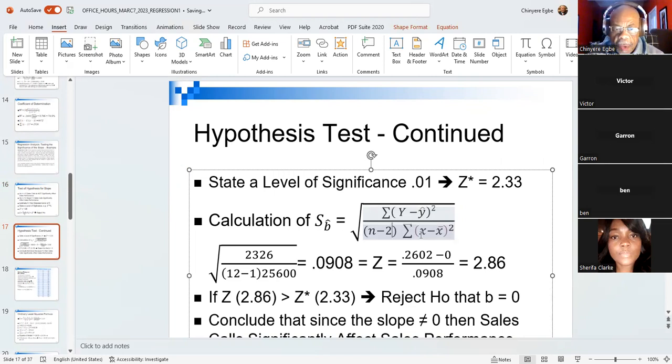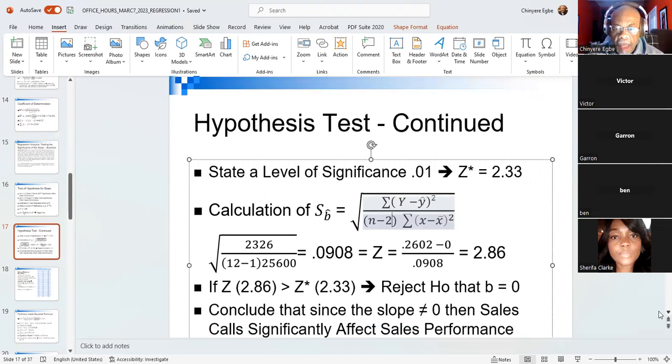So this is the calculation. We have all the numbers. The sample size was 12, and so we use the summation. I will take 2326 divided by 12 minus 1 times, and that is 11 times 25,600. And so Z is equal to 2.86.